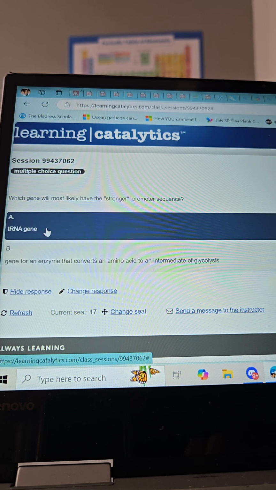I have a question. So let's think about it. This would be a great exam question. Hint, hint, hint. Which gene in a cell do you think has the strongest promoter?